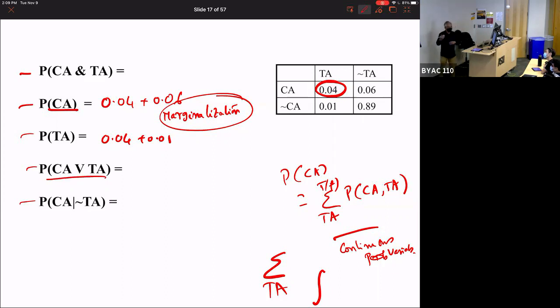That textbook makes a great argument about why the way this has been defined is P(CA) plus P(TA) minus P(CA and TA). It kind of makes sense from a Venn diagram case, but it turns out that it's one of those things which is axiomatically taken.